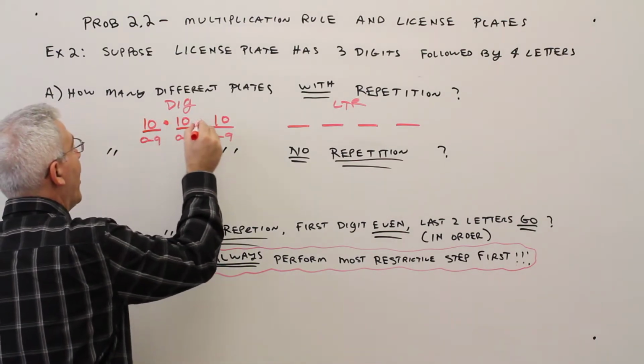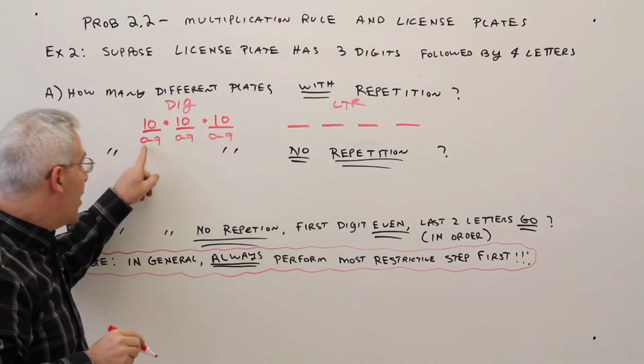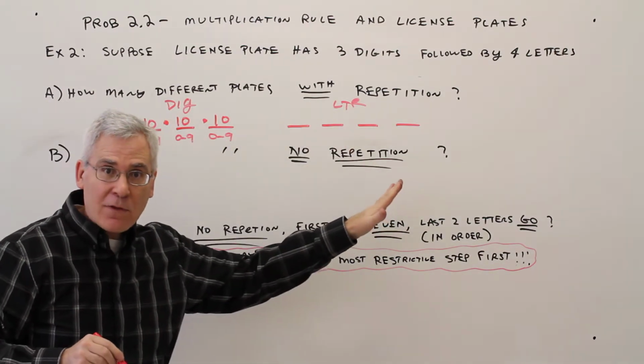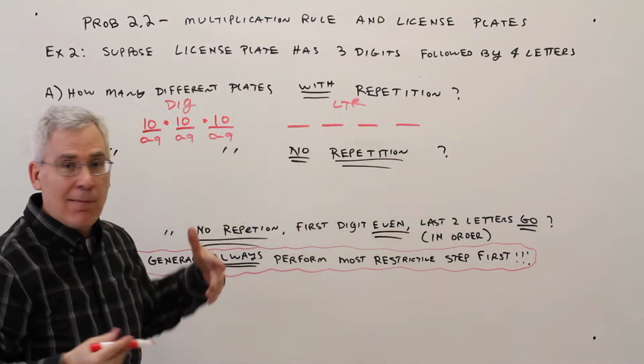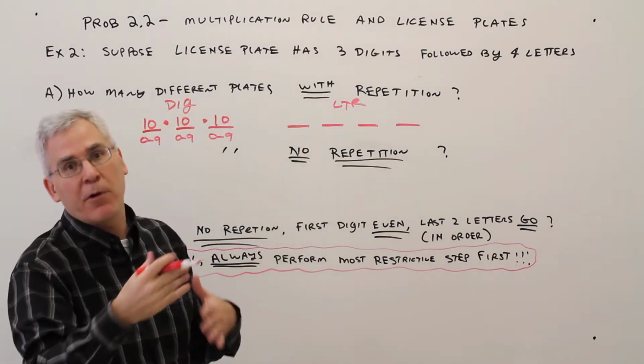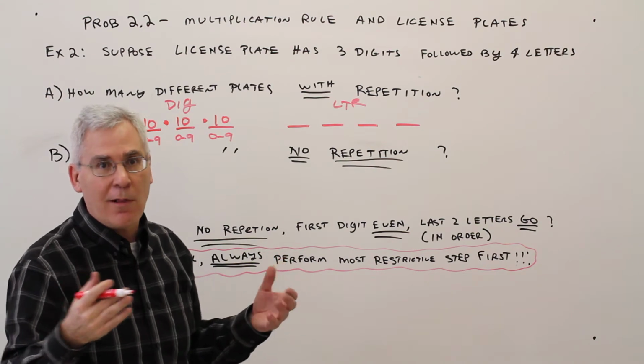And I'm going to multiply the number of ways of doing one event times the other event times the other event times some more events to come, the letters. Letters can be A through Z. We won't worry about uppercase versus lowercase. We'll assume they're all uppercase.